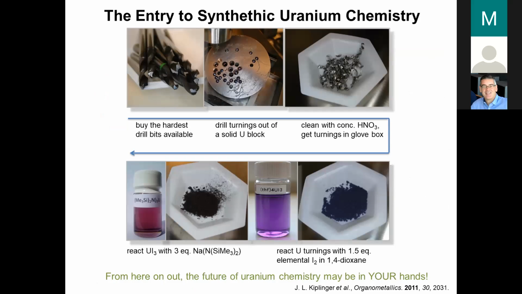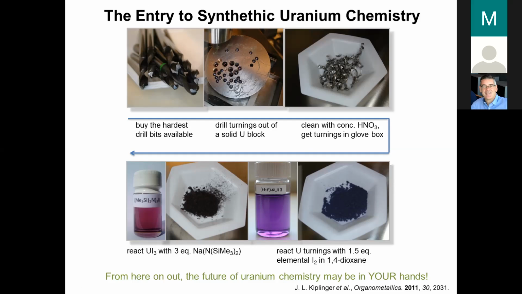You want to learn how to start actinide chemistry, and the basic precursors used for all actinide chemistry that was shown in this talk, or the uranium chemistry, basically follows this general protocol. So starting from there, you're basically good to go to run your own experiments if you join a lab that does it.